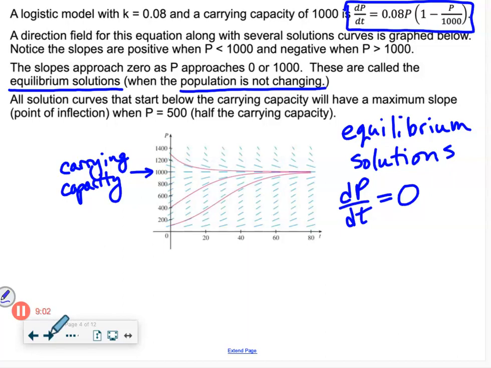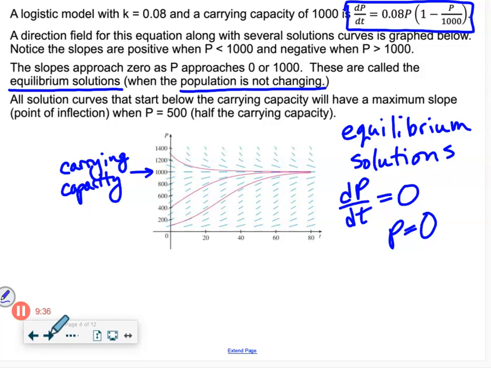So if you look at your differential equation, there are two different values of P that cause dP/dt to equal 0. What is one of the values of P that would cause us to have zero growth, or zero rate of change? Yes, 0. If your population is 0, it's not growing and it's not decreasing. 1,000 is the other one.